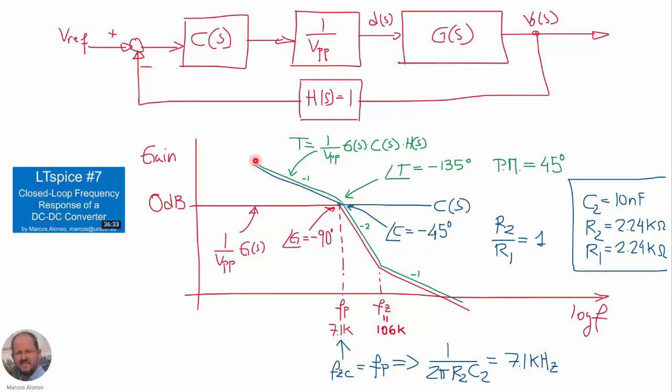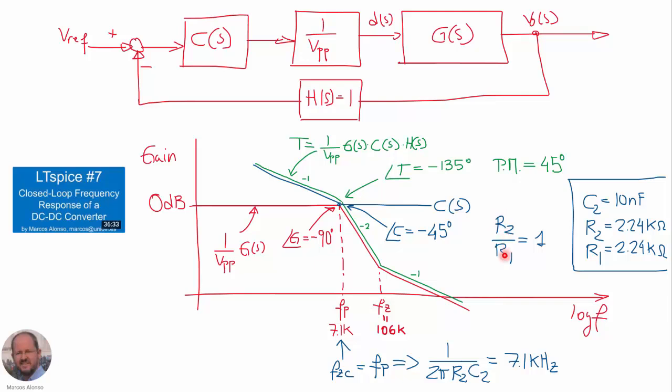And because here we come with minus 90 degrees due to the pole that we have at the origin, and when we reach this point here, we have another minus 45 degrees due to the effect of this pole here. So in total, the phase of the loop gain is minus 135 degrees, which means that we have a phase margin of 45 degrees.